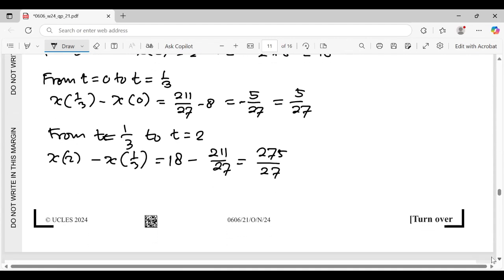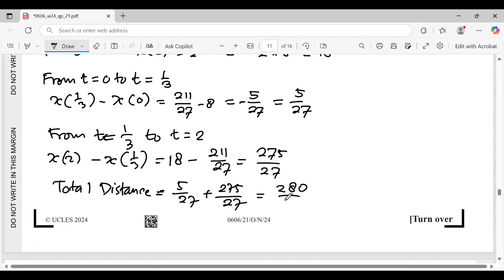So the total distance, or the total displacement or distance, is 5 over 27 plus 275 over 27, which is 280 over 27. It is 10.37 or 10.4. So this is the displacement or the distance.